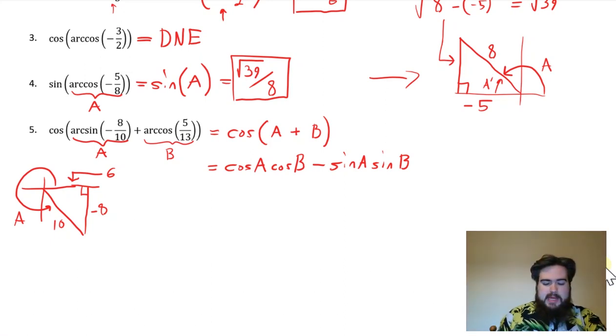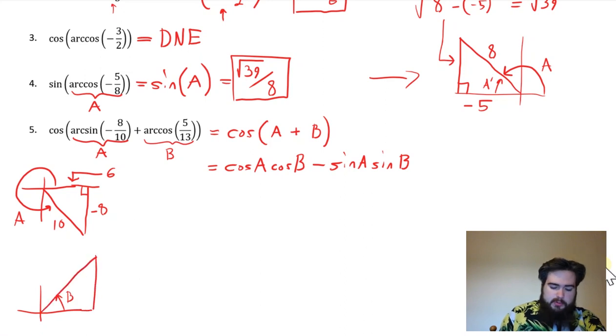For the other one, for B, I have arccosine of 5 over 13. That one's a positive ratio. And arccosine is defined from 0 to pi. So quadrant 1 or quadrant 2. Because it's positive, it would have to be in quadrant 1. So B is somewhere in quadrant 1. And again, we'll represent that with a right triangle down to the x-axis.